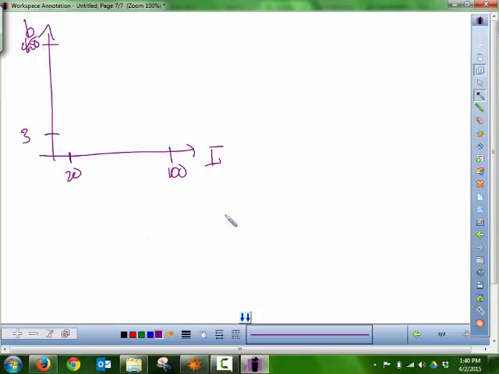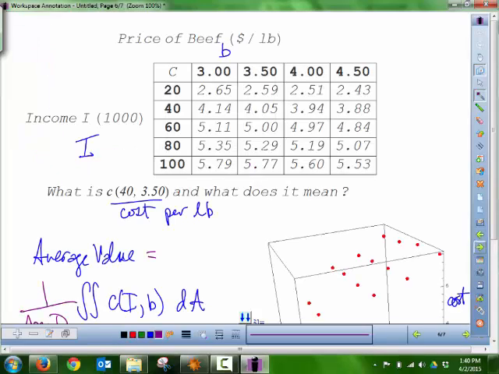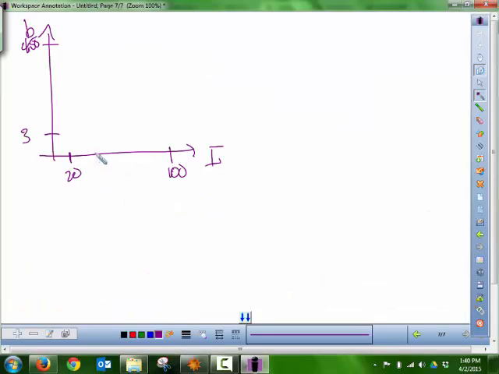And with these discrete points, we have a natural partition. This goes by 20, and this goes by 50 cents. 20, 40, 60, 80, 100, 3, 3.50, 4, 4.50.